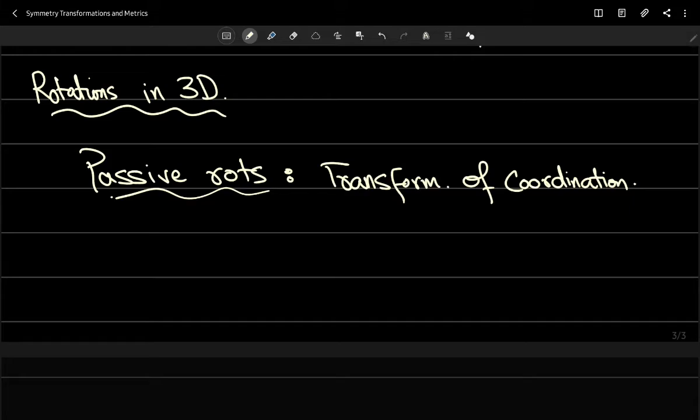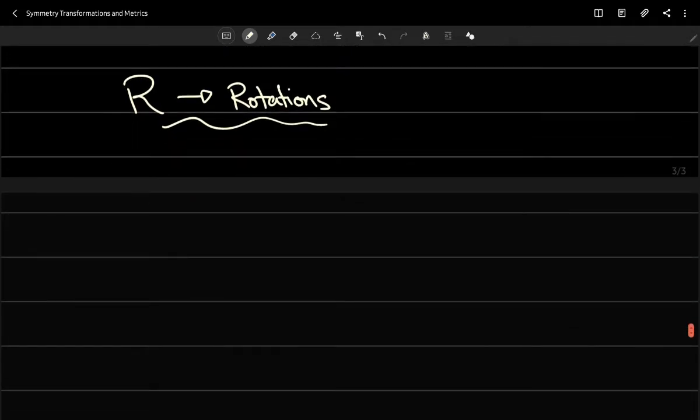And this forms a compact, continuous, non-abelian group, right? And we are going to denote rotations with R. R is going to denote our rotations.